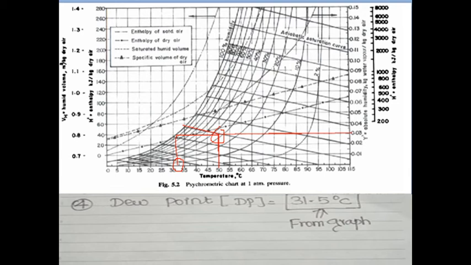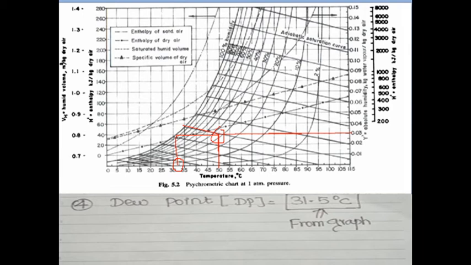So for our case, the dew point value is 31.5 degrees Celsius. So why are these lines extended up to 100% humidity? Because at 100% saturation, dBT is equal to WBT is equal to dP.